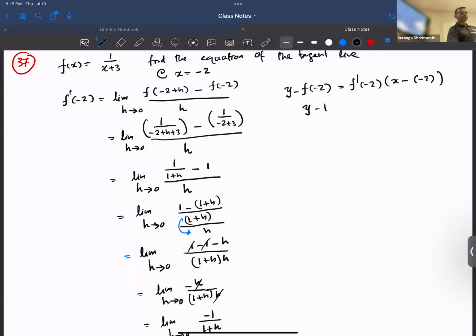Y minus 1 equals f prime negative 2, which is negative 1, right, times x plus 2, right? So you can write y is equal negative x, right? This is negative 1. This side you have negative 2. That becomes negative 1. Does that make sense?